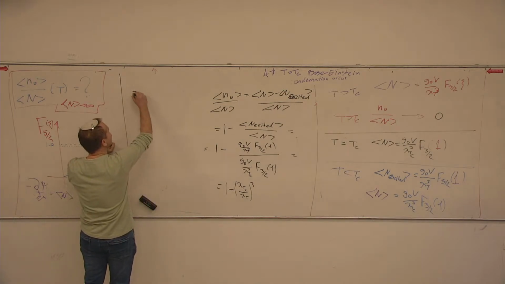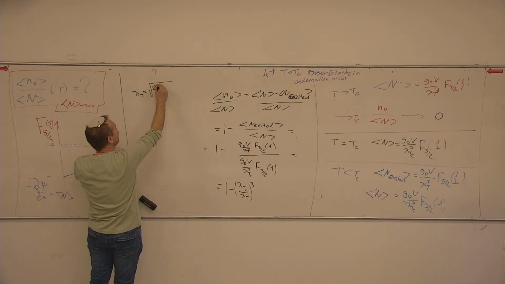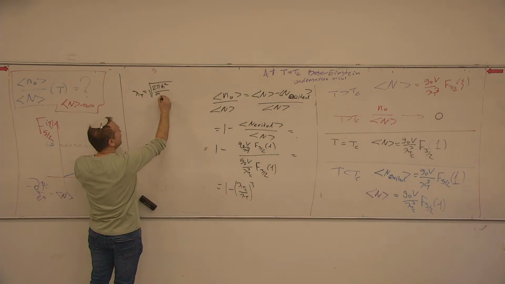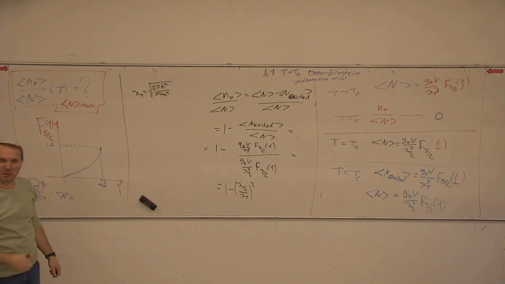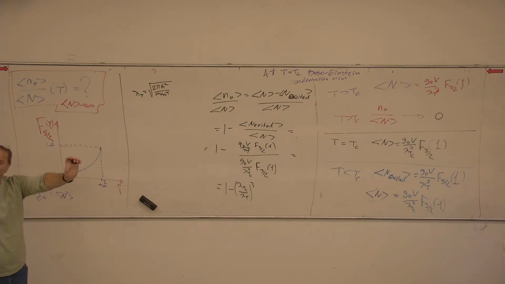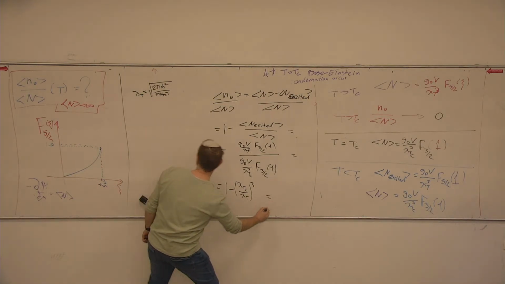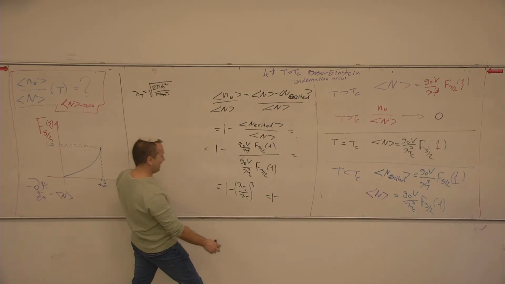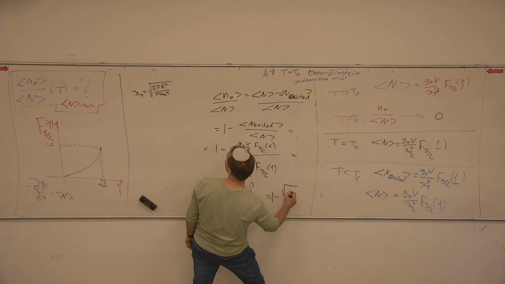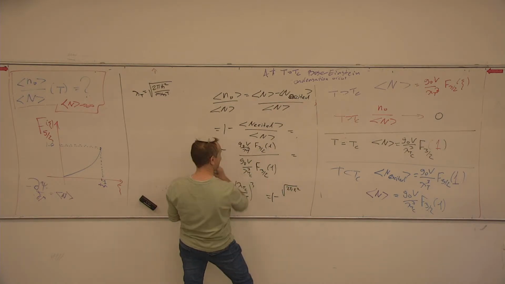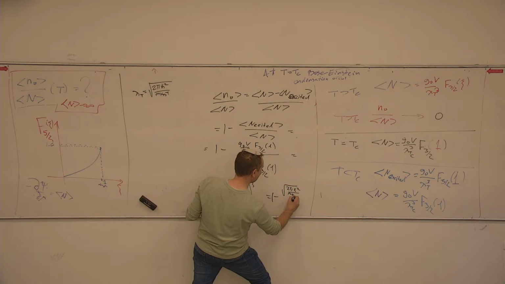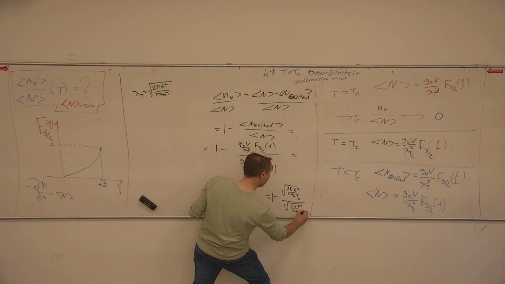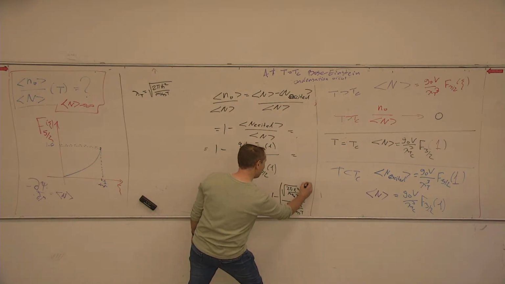Let's be more concrete: it's the square root of 2 pi h bar squared over m k Boltzmann T. So it's 1 minus the square root of 2 pi h bar squared over m k Boltzmann Tc, divided by the square root of 2 pi h bar squared over m k Boltzmann T, all to the power 3.